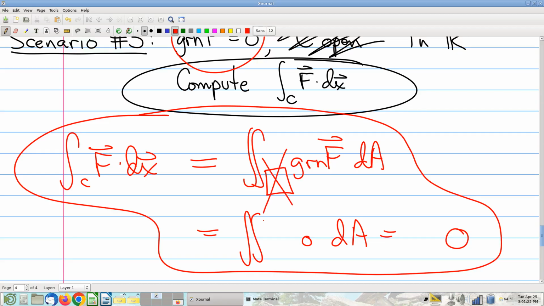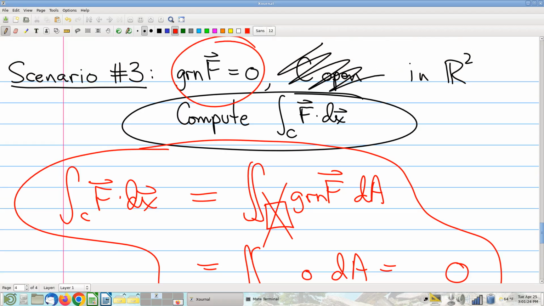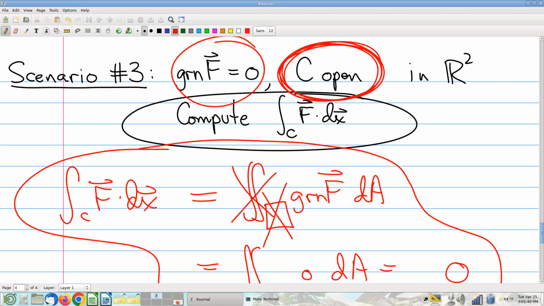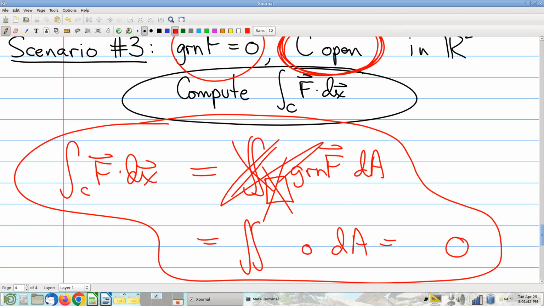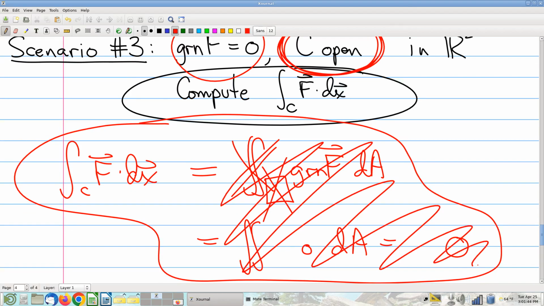There is no anti-boundary for the curve because, again, background information, not explicitly stated, but the student didn't think it through, the curve is open. The curve is not the boundary of anything. There is no anti-boundary. There is no, therefore, double integral, and all of this work is garbage.